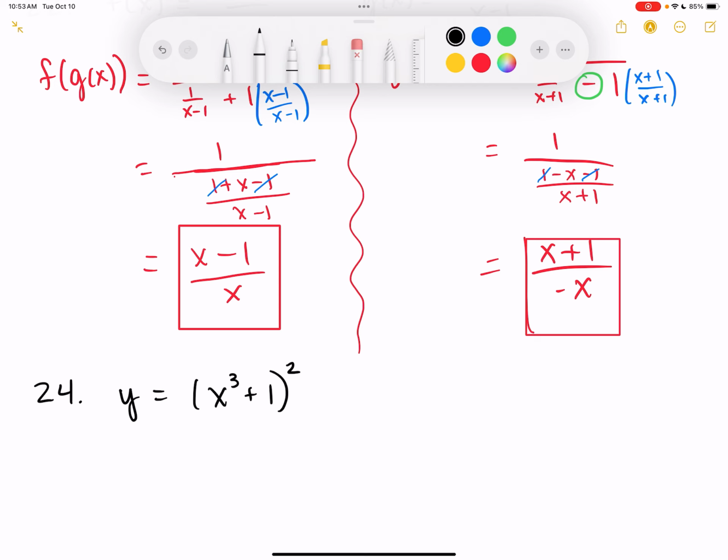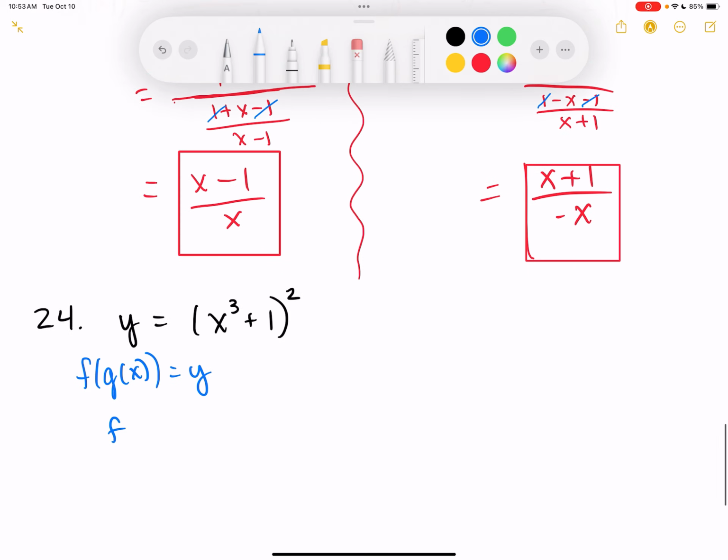So, all right, basically it wants us to do this: f of g of x is y, okay? So g of x is going to be the inner function, f of x is going to be the outer function, basically. So we're going to have an f of x, and we're going to have a g of x.